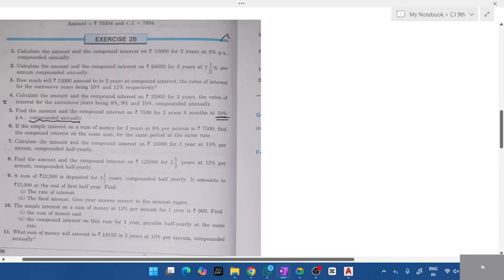If the simple interest of a sum of money for 3 years, what is the time period given? T is equal to 3. Rate is 8%. So what is this 7,500 given, students? Read the question. If the simple interest on a sum of money is 7,500, is 7,500 principal or simple interest?